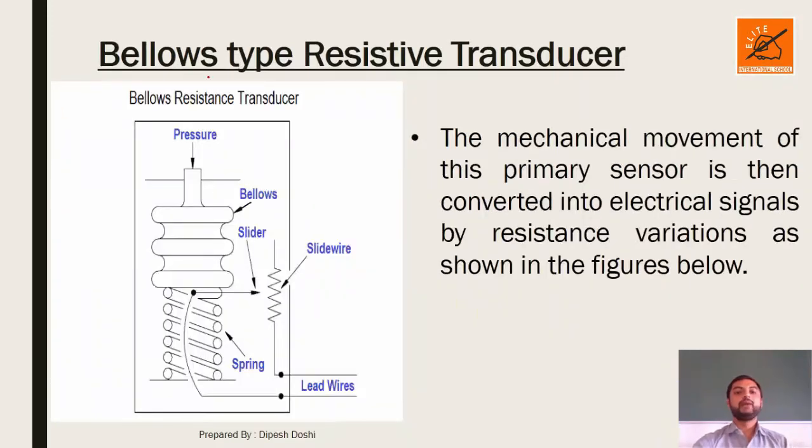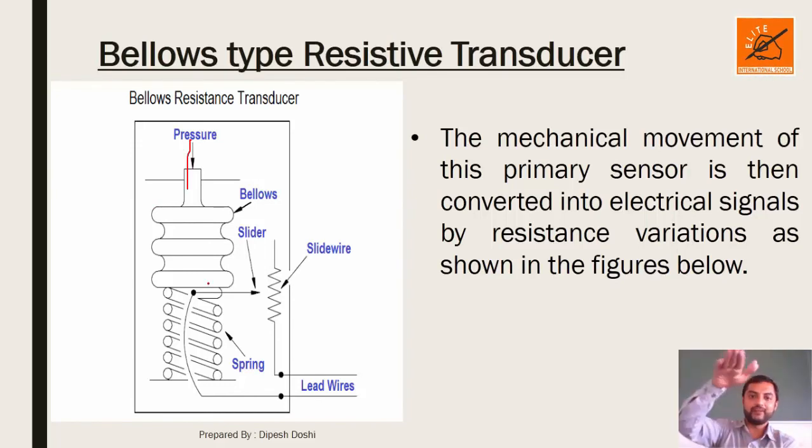In this bellows type resistance transducer, I am applying pressure from here. Because of the pressure, these bellows are expanded. Whenever the bellows are expanded, this spring will be contracted.